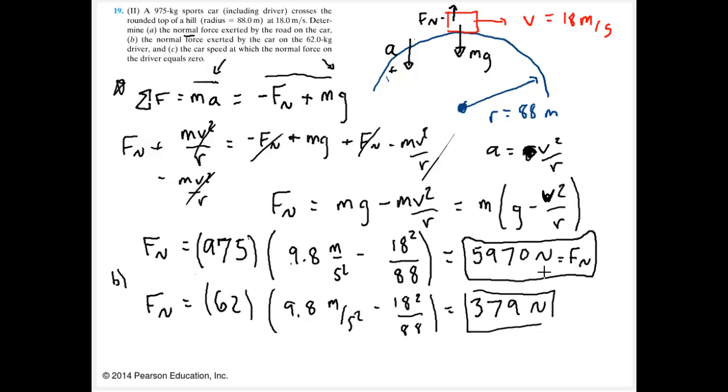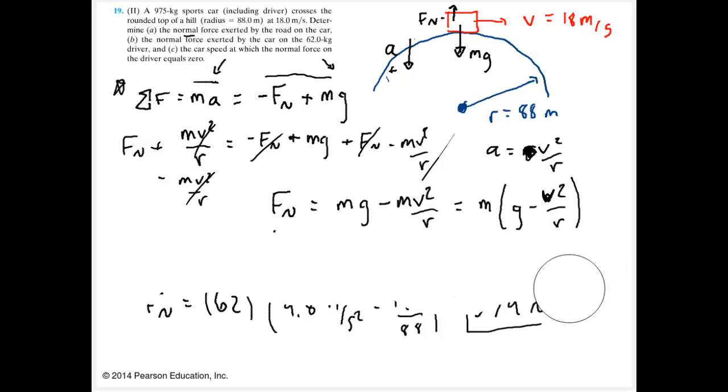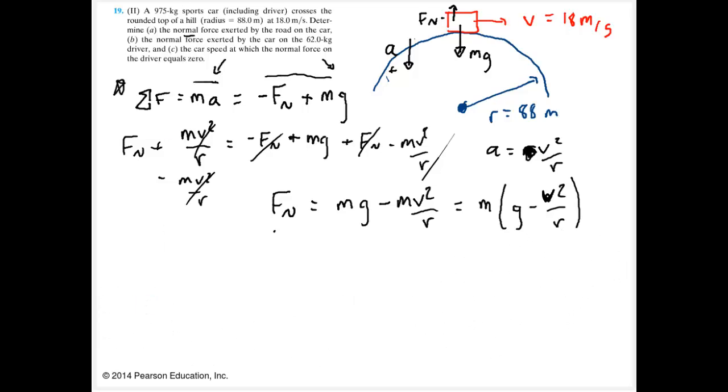newtons for part B. And last but not least, we're looking for where the normal force is going to be equal to 0 for the driver. So I want this normal force now to be equal to 0, and what I'm looking for now is some velocity.